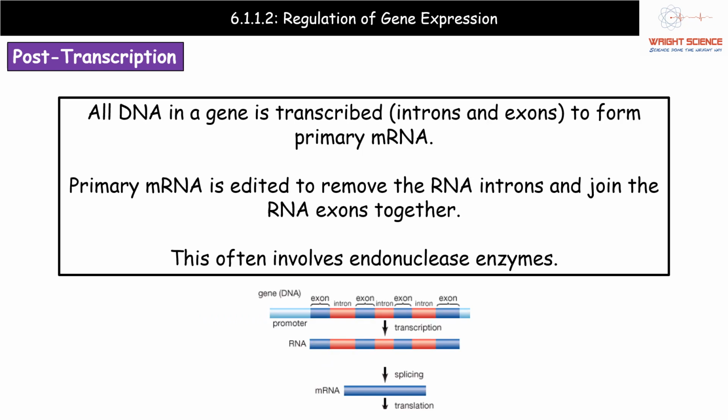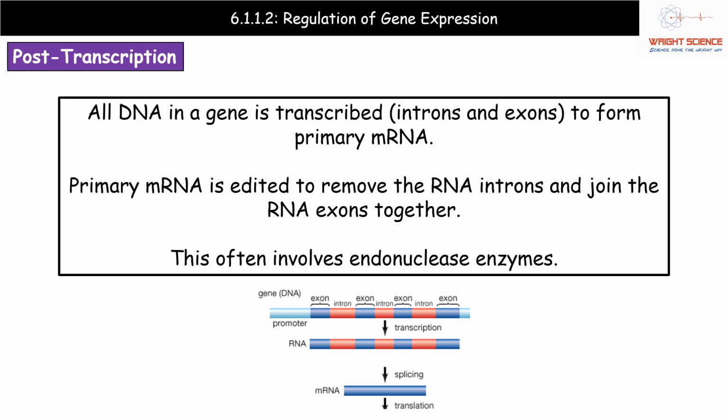When it comes to forming our primary mRNA, all of the DNA is going to be transcribed. So that's the introns and the exons. Literally, we're just creating that mRNA strand of all of it. And that's what we term the primary mRNA. But that's not actually the end of our mRNA's production.